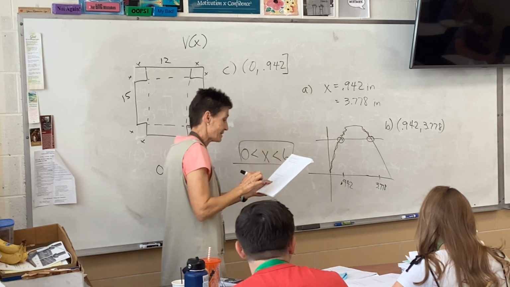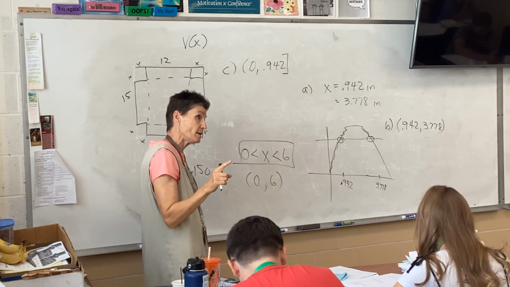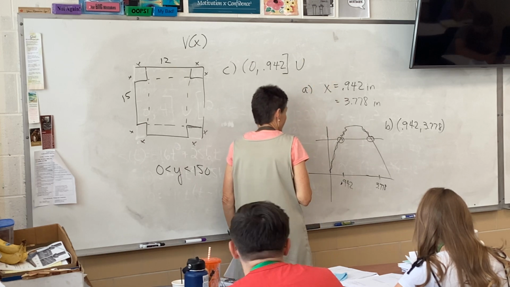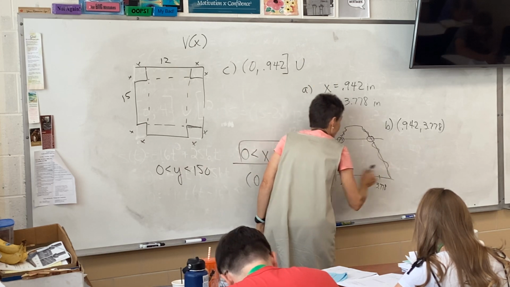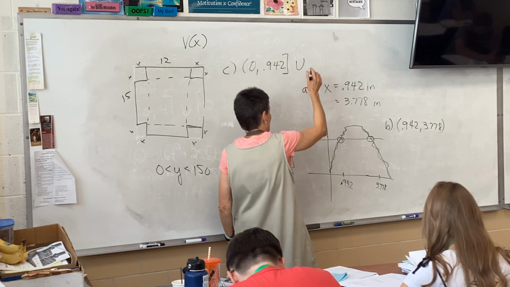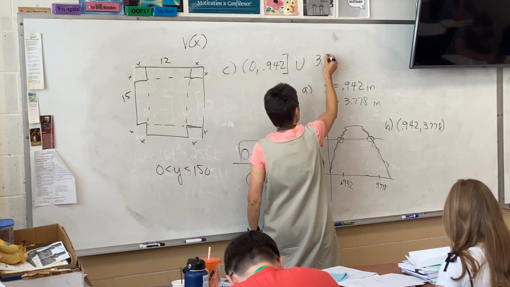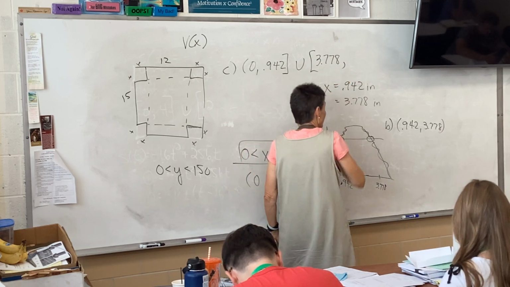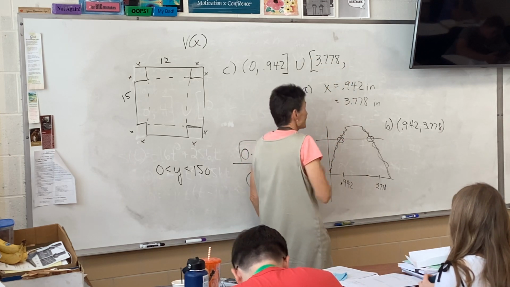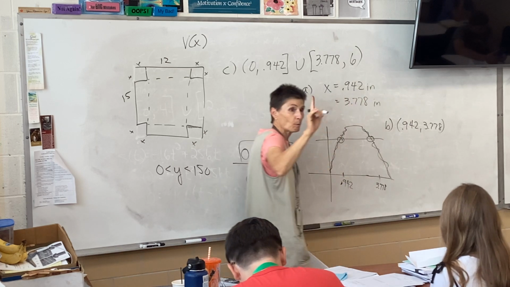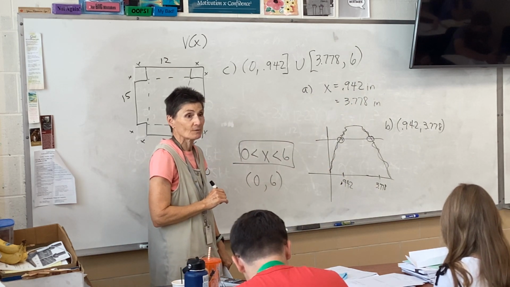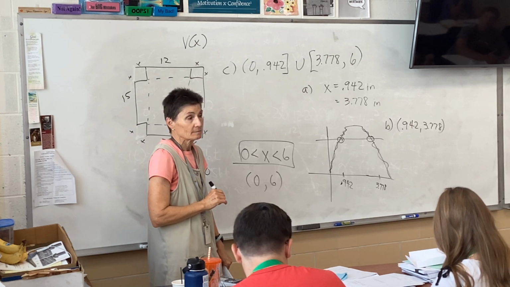Bracket because it says at most 125, or this part, which is what? 3.778, parentheses or bracket, comma, 6. The end of the problem is 6. You can't have an x bigger than 6.